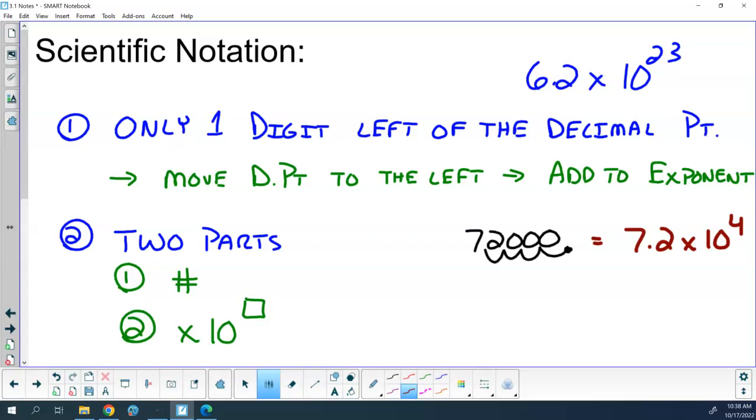Today, what I'm going to have you do is multiply and divide scientific notation numbers.